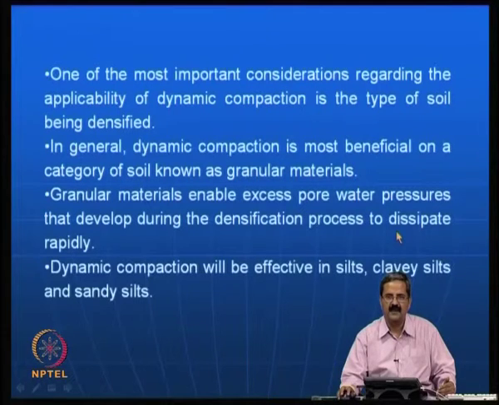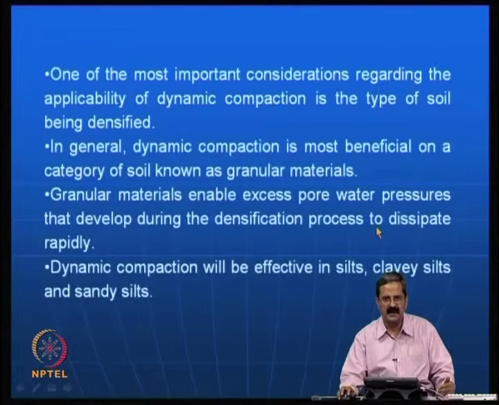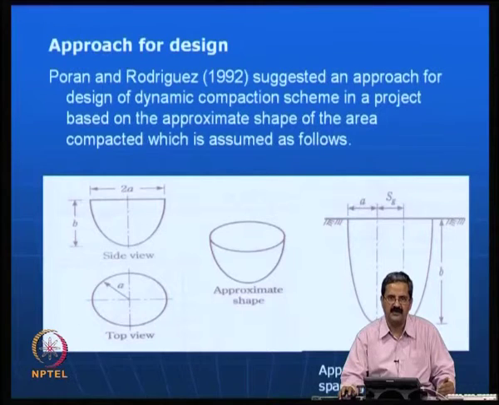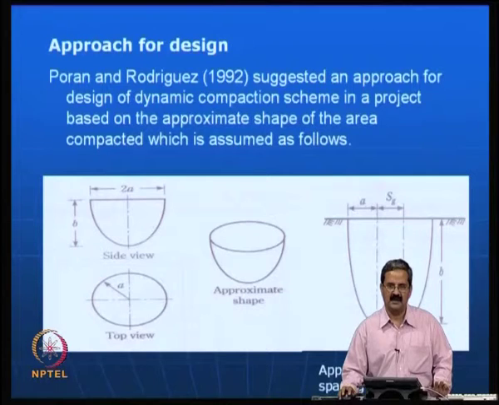Dynamic compaction has been used with considerable effect in coarse grained soils, but it has also been quite effective in silts, clay silts and sandy silts, as well as in municipal solid waste, so much so that it is one of the preferred options, particularly when you would like the area to be ready at a fast rate.